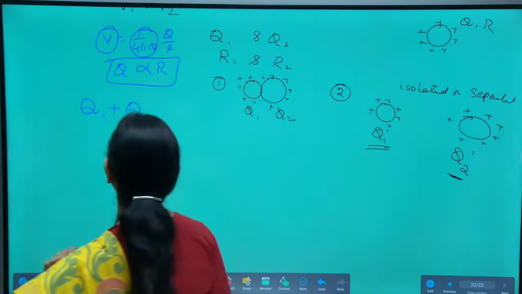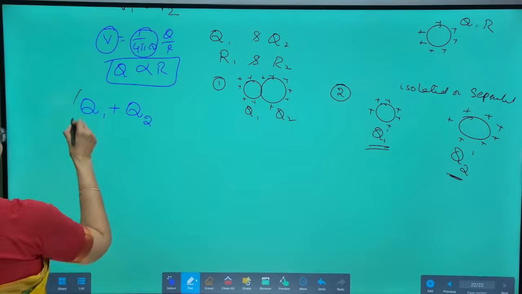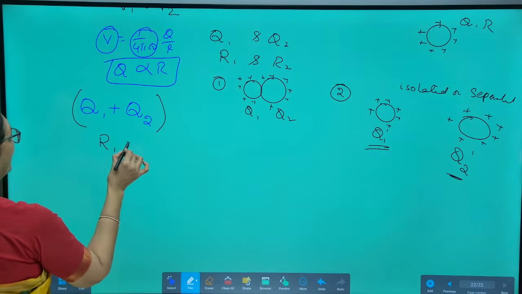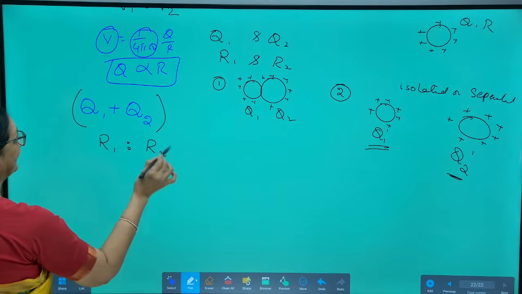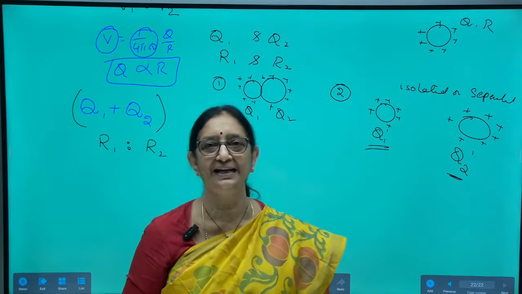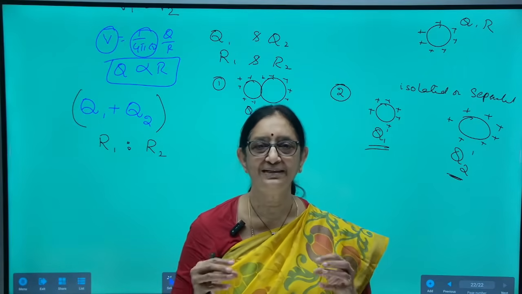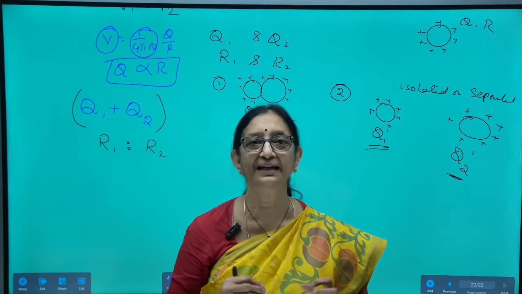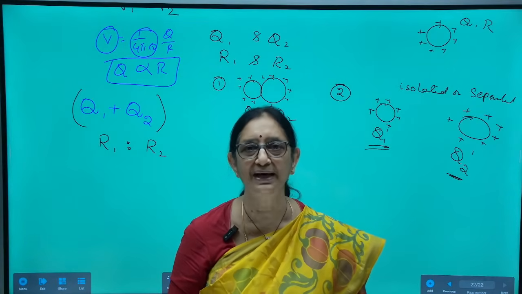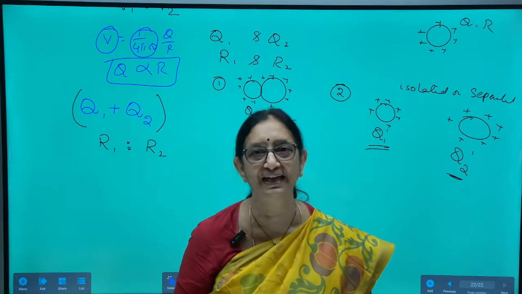Based on that concept, the total charge divides among the two in the ratio of their radii. This is the most important thing. So, when two charged spheres are placed in contact with each other and separated, then the charge divides in the ratio of their radii.